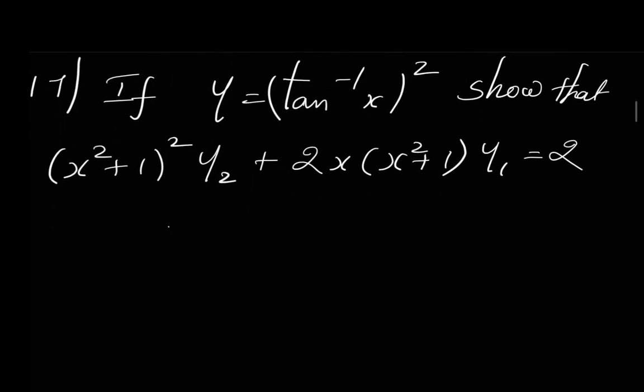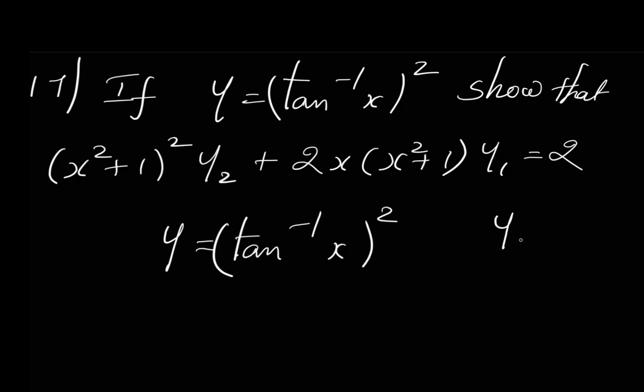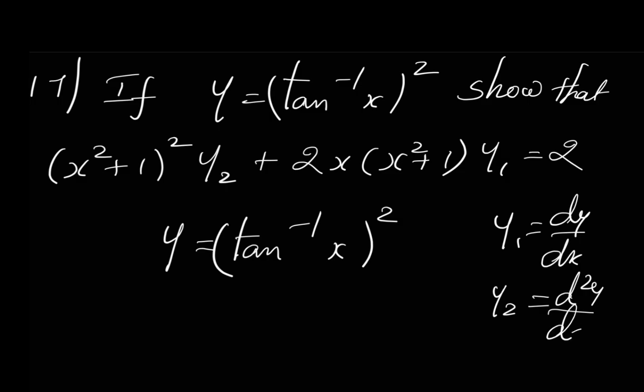So, let me take the given statement, y equal to tan inverse x the whole squared. We need to find the second derivative. y2 stands for the second derivative, d squared y by dx squared, and y1 stands for dy by dx.